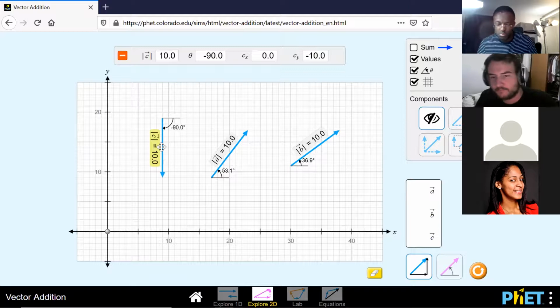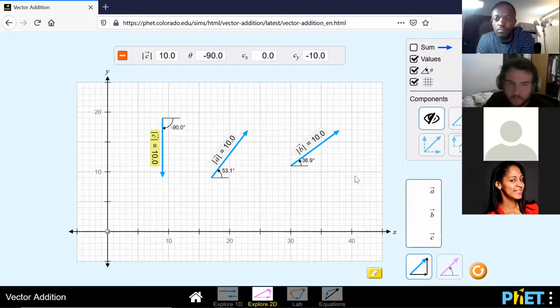So I want vector B to point in the fourth quadrant. In which quadrant is it pointing now? Is it pointing in the second quadrant? I mean the first, the first, right?